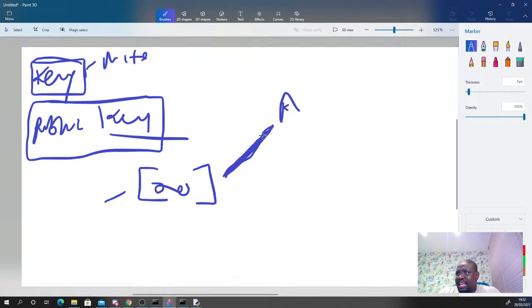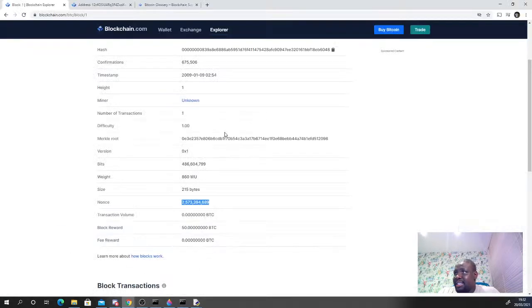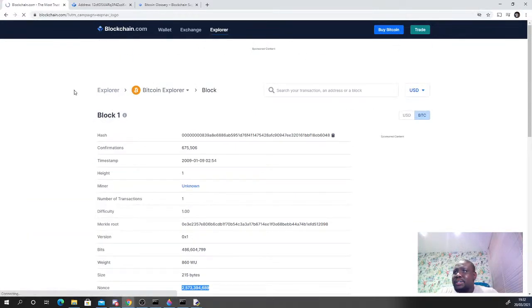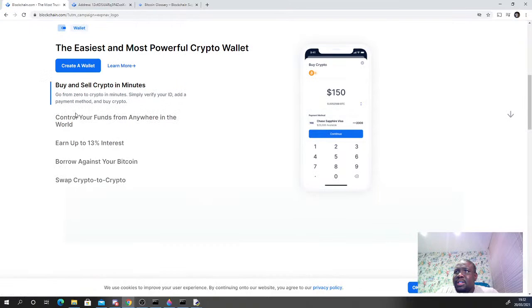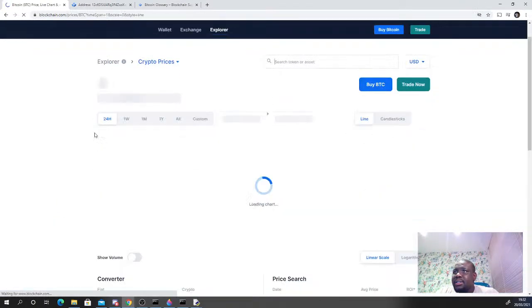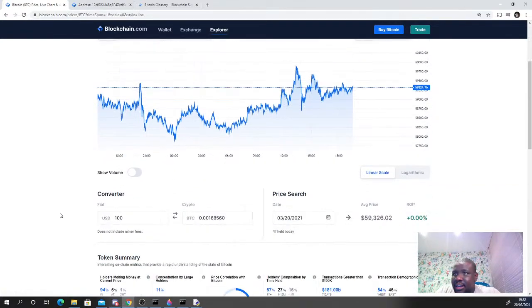The only person who can claim that this money belongs to him is whoever has the key to unlock this money. So when I send a transaction, let's go to Bitcoin again to understand it, because Bitcoin is the most popular one. I'm going to go to the latest Bitcoin block created. Here's the latest block.